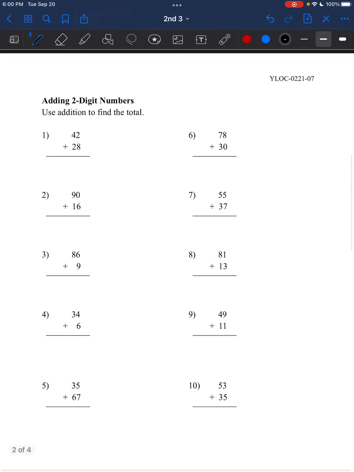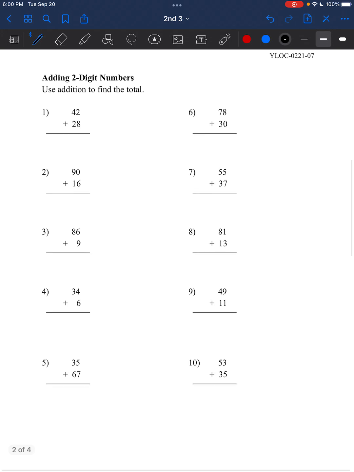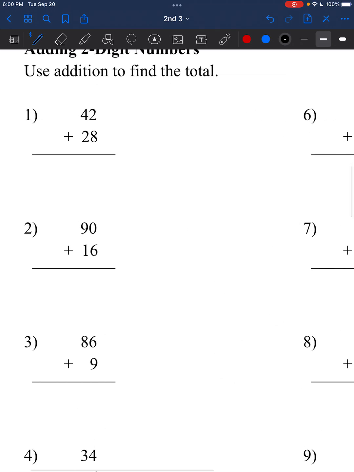Adding two-digit numbers. Use addition to find the total. So let's do first two. So 42 plus 28. So first let's add this side, and then we'll add this side, okay? So 2 plus 8 equals 10. But since this is a double-digit number, we can't just put 10 like that, right?